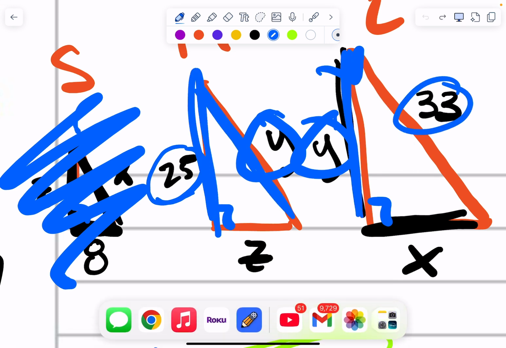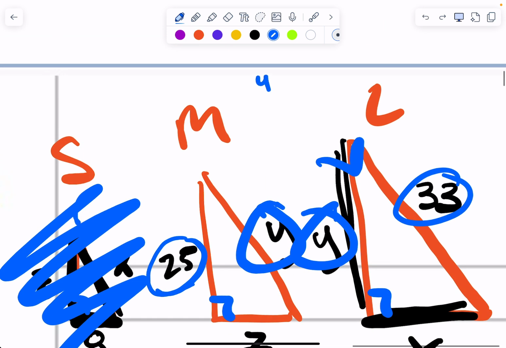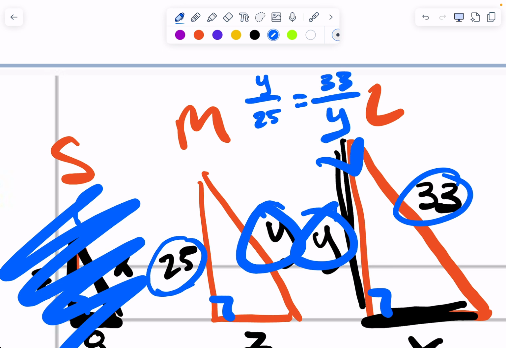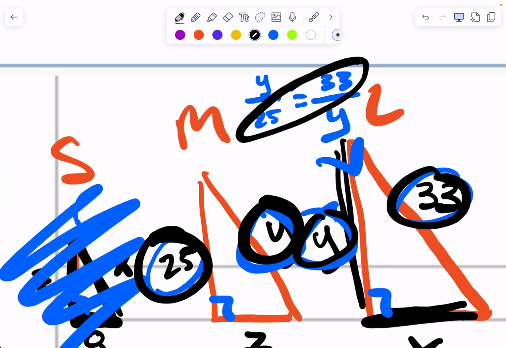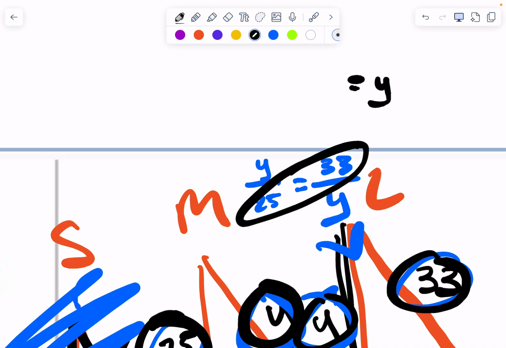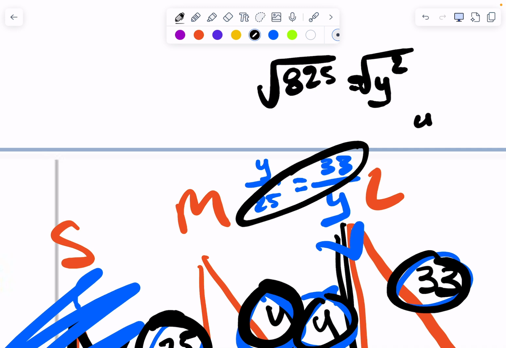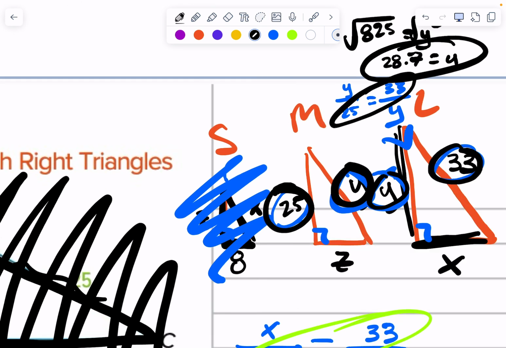Y over 25 equals 33 over Y. What's 25 times 33? 825. 825 equals Y squared. 28.7. That's Y.